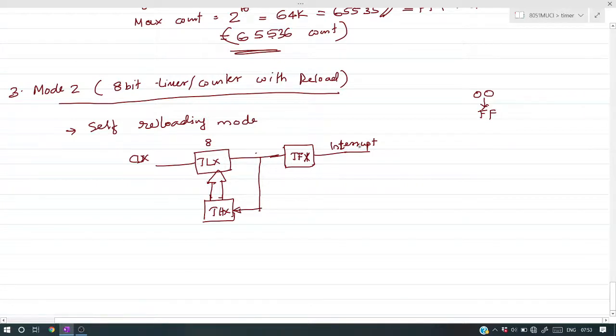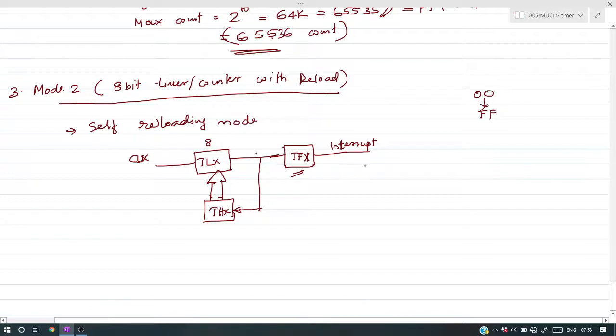After servicing this interrupt, this should be cleared. Then only it informs that it overflowed. In the next stage also you need to send one more missile. Clear. So immediately after servicing the ISR, it will clear TFX.